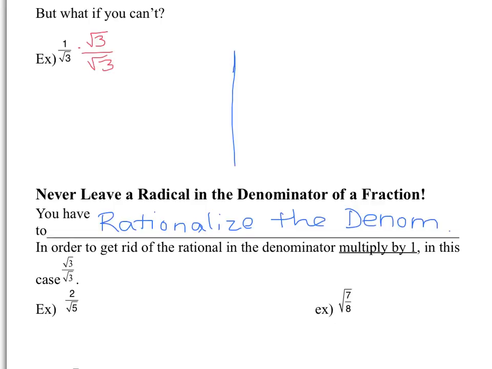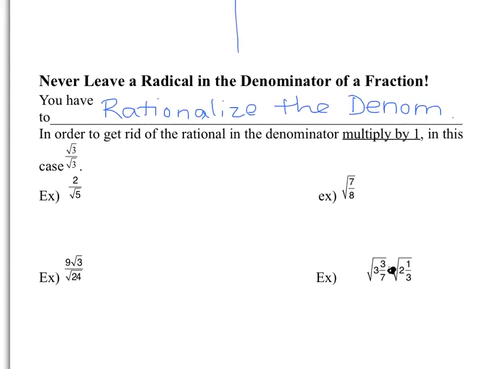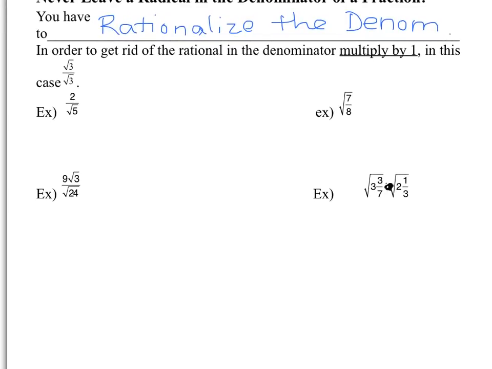Then you multiply across. 1 times root 3 is just root 3. Root 3 times root 3 is root 9, which you know is the whole number 3. So now we've put the expression in simplest form by getting rid of the root in the denominator.